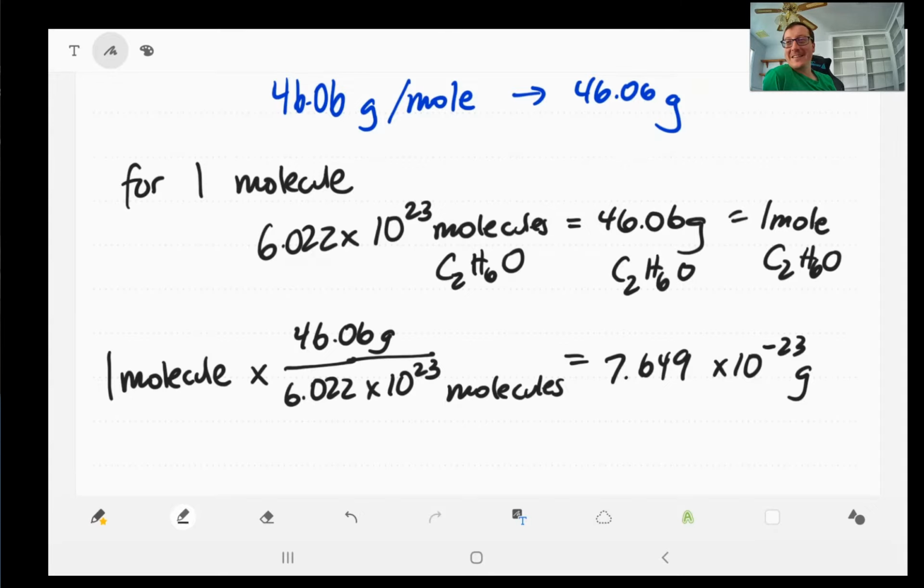Got it. So I was just wondering, conceptually, when you have this molecular formula for ethanol, and you add up all the masses and get this mass, how do you know it's Avogadro's number of that? So that is how we originally defined the moles, or molar mass.